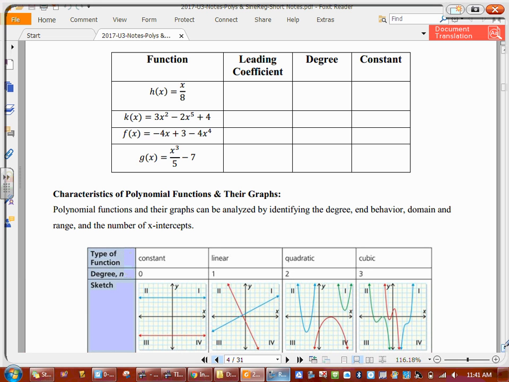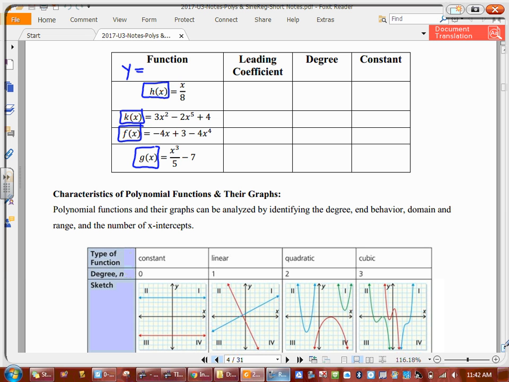This is called function notation. And they use function notation for problem solving. That's what it's for. So this one might be talking h for height. The next one, k for kinetic energy maybe, or kilojoules or kilograms. F could be a function. G could be grams or greater. Who knows? Okay. So we're going to talk about leading coefficients.